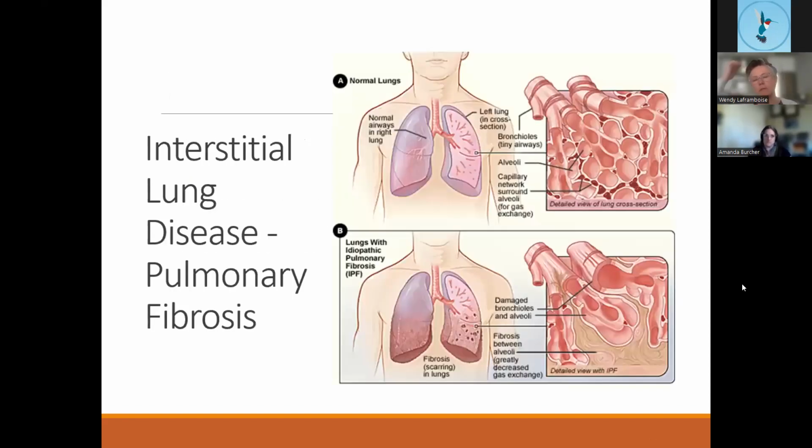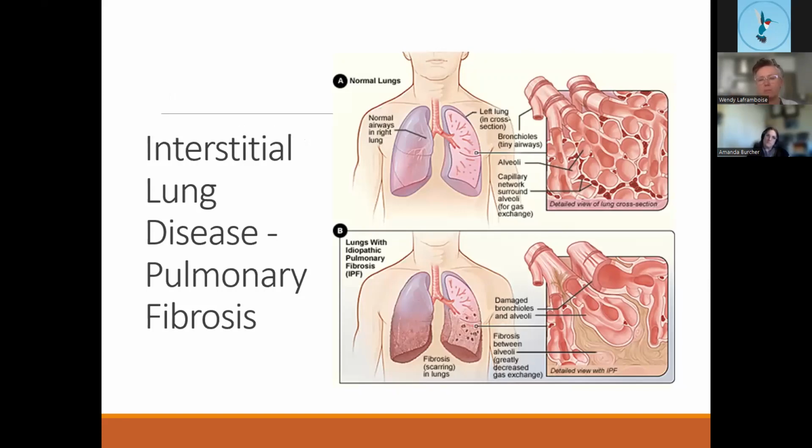Just very briefly, I know the topic is COPD, but pulmonary fibrosis or interstitial lung disease is not COPD. It's not an obstructive defect. It is scarring of the tissues of the lungs. The alveoli are scarred, so there's not great gas exchange across them, and you don't have good pliability of the lungs. They're scarred and stiff.